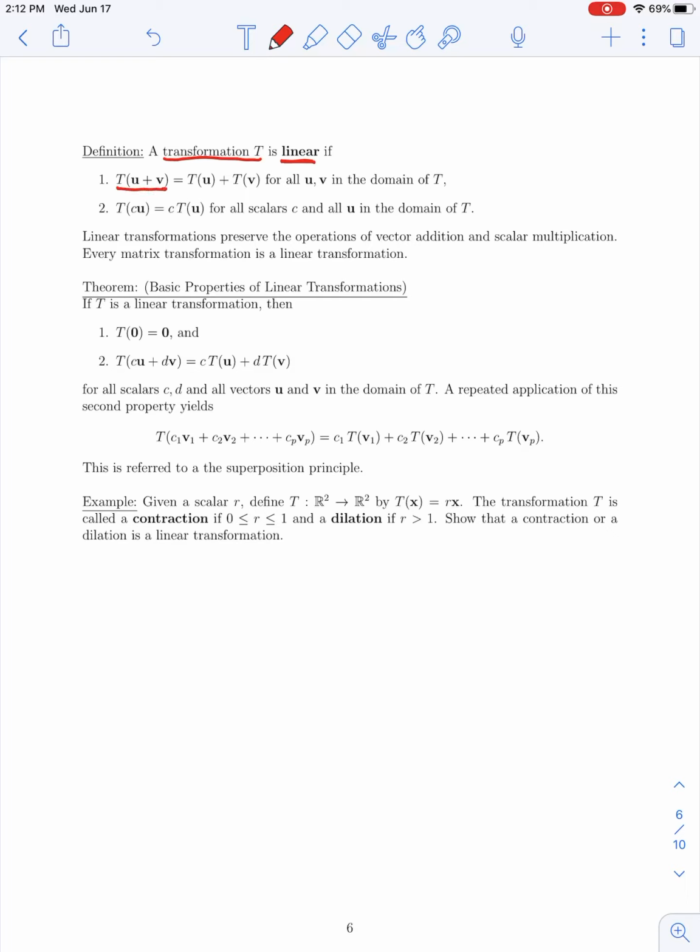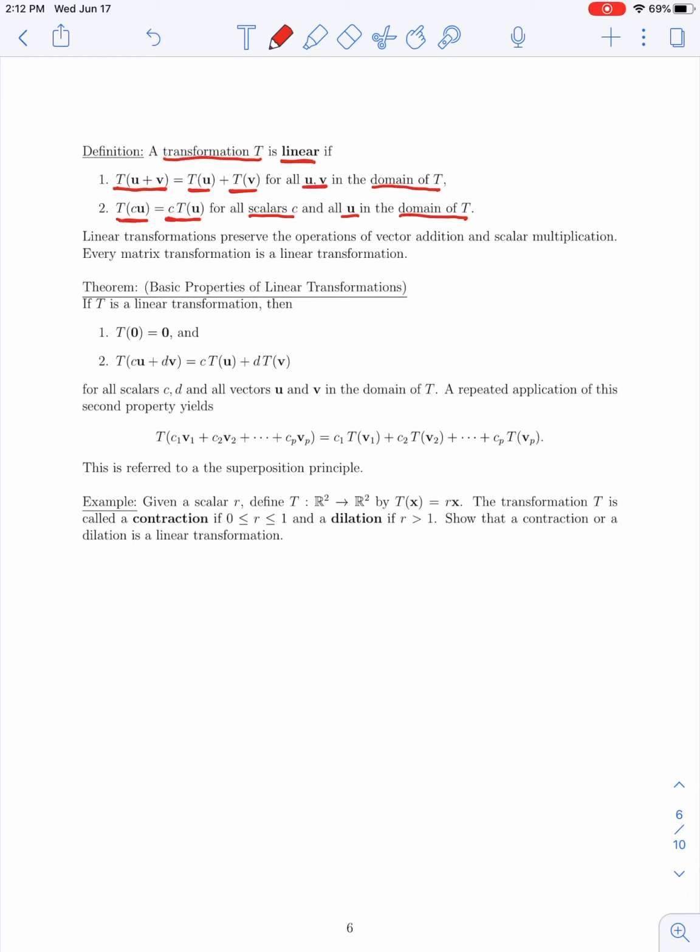First, the transformation of the sum of two vectors, u plus v, is equal to the sum of the transformations of u and v for all u and v in the domain of that transformation T. And secondly, the transformation of a constant multiple of the vector u is equal to the same constant c times the transformation of u for all scalars c and for all u in the domain of T.